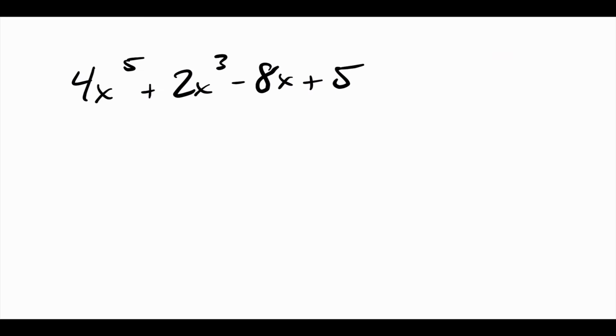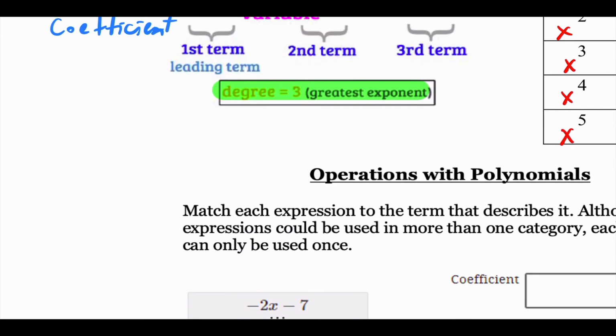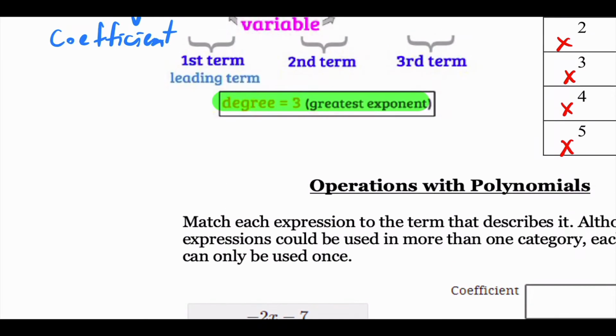Or is it constant? Well, it has a lot of them. This one is constant. This one is linear. This one is cubic. This one is quintic. So which one is it? The greatest power. We only look at the greatest power.